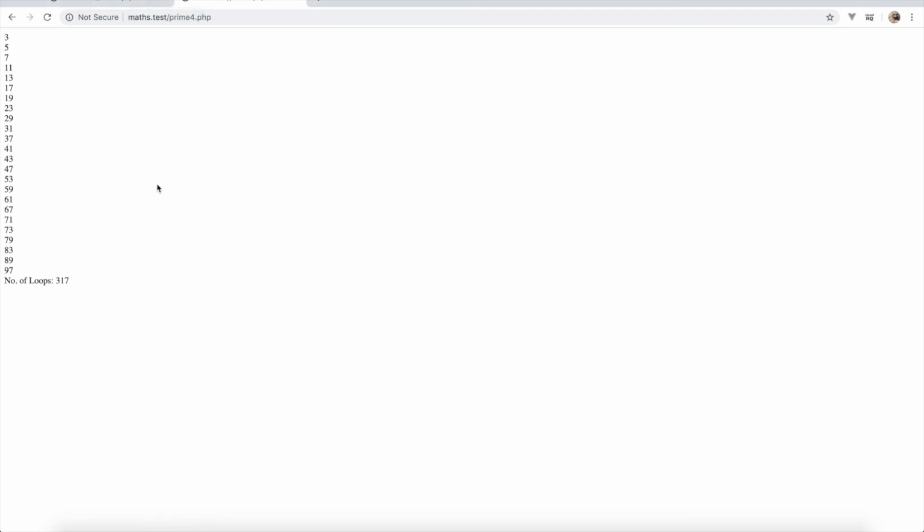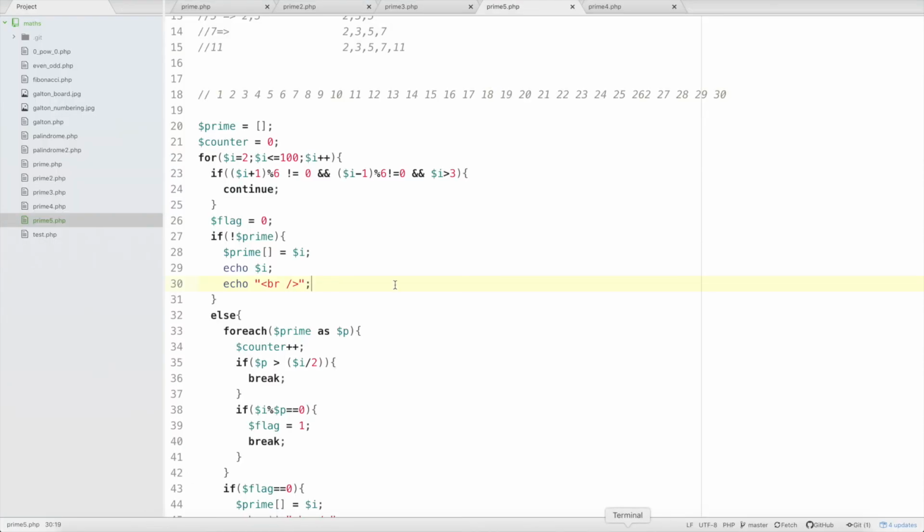As we keep on increasing the number range, for example right now we are only trying to find the prime numbers between 1 and 100. So loops are 317 for the previous approach and 236 for the new approach. But if we try to find the prime numbers between 1 and 1000, let's do that in both cases.